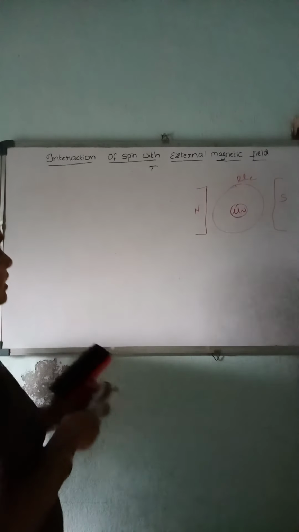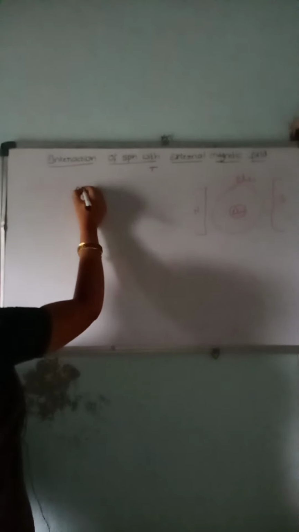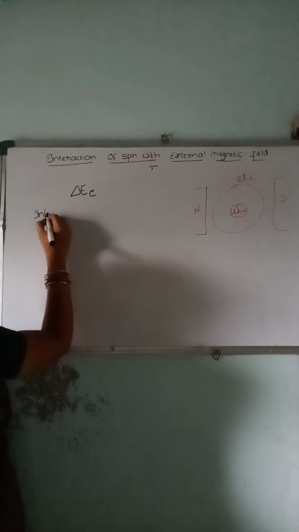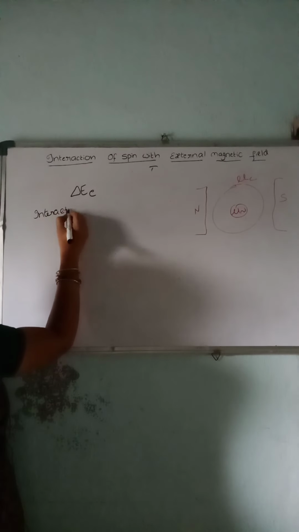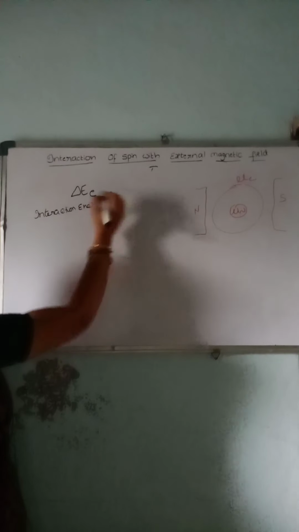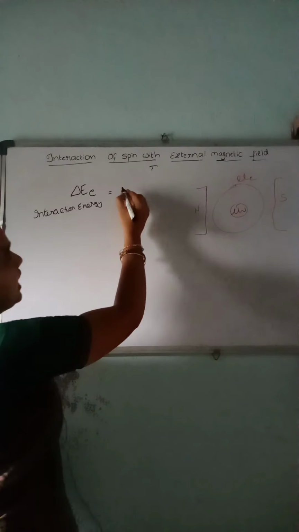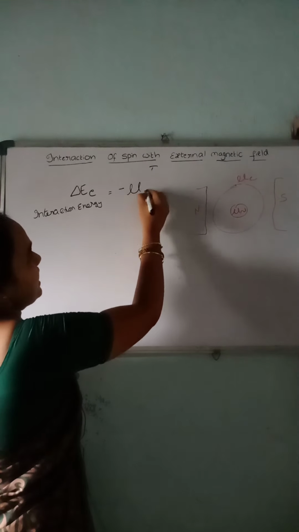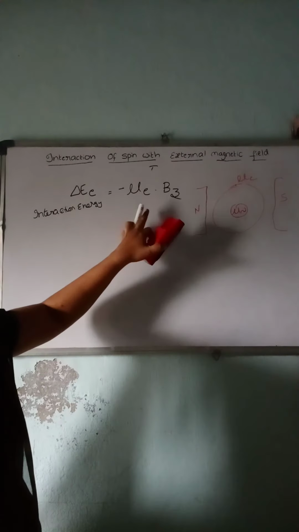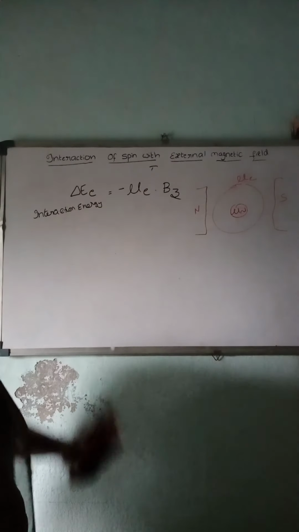The interaction energy delta E for the electron and the external magnetic field can be written as minus mu e dot Bz. This interaction energy is negative.